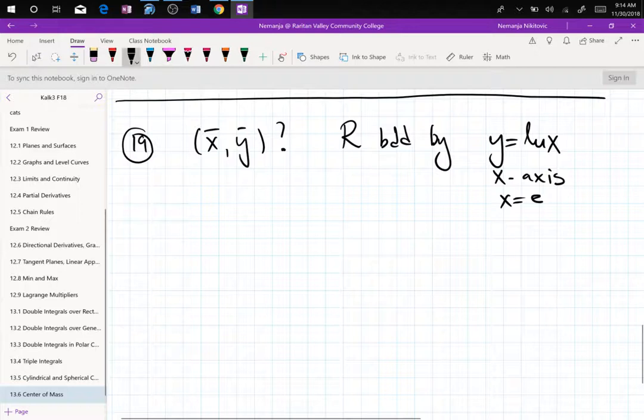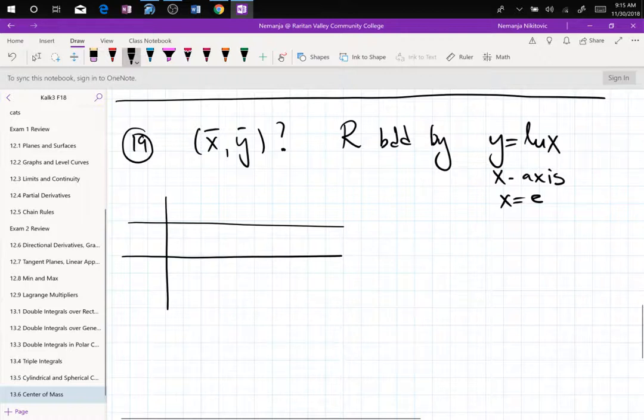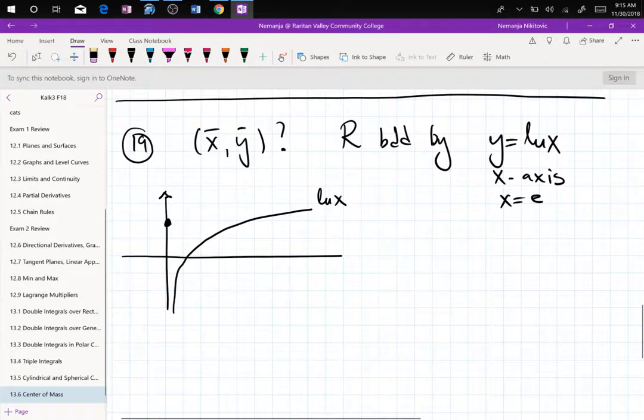Let's graph. So let's say this is x equals e. Then we have our ln x. Oh no, hold on, this is y equals e. I need x equals e. Sorry.